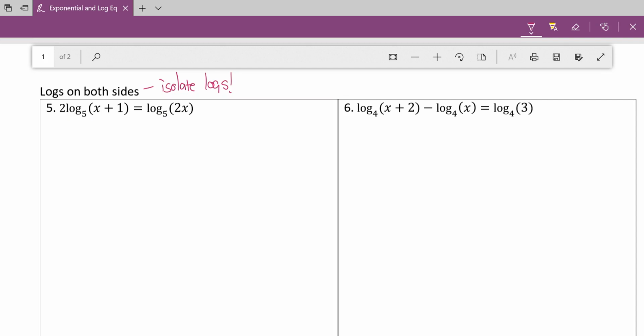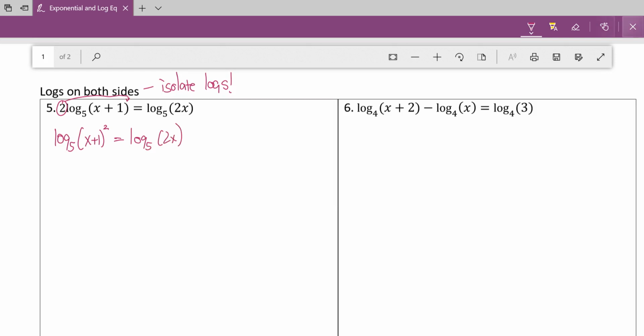So instead, I can make this 2 an exponent. So now I have log base 5 of x plus 1 squared equals log base 5 of 2x.